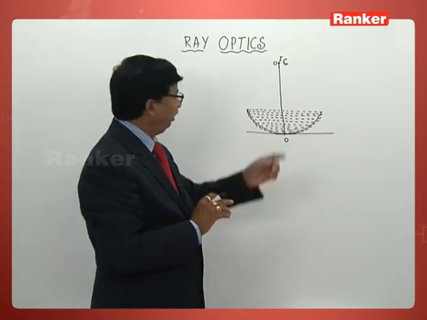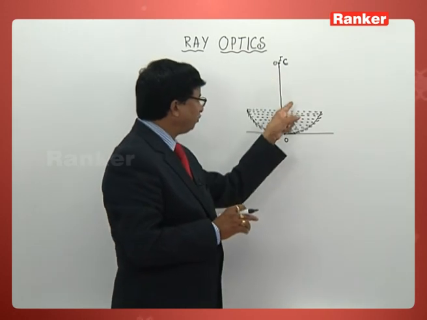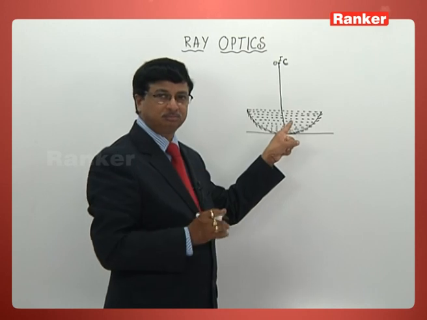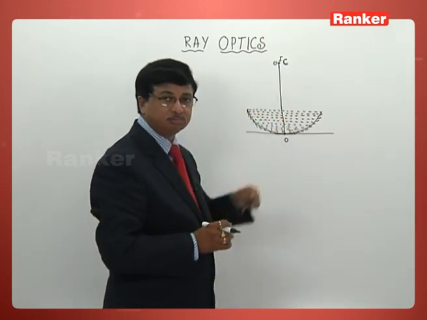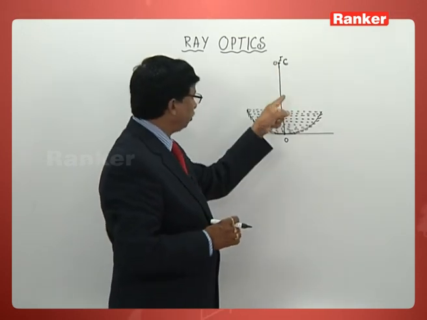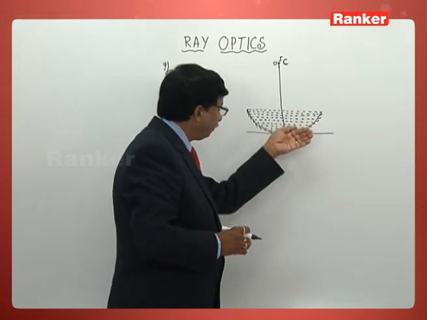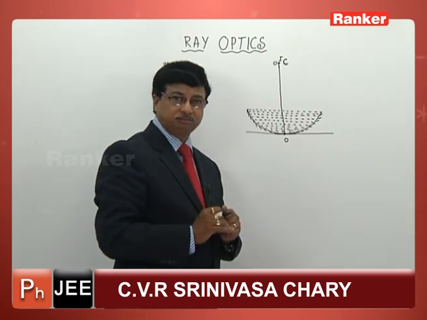Then what happens? A ray, whenever it is falling from the object, first should cross this water lens, which is plano-convex by nature. It then falls on the concave mirror and reflects.